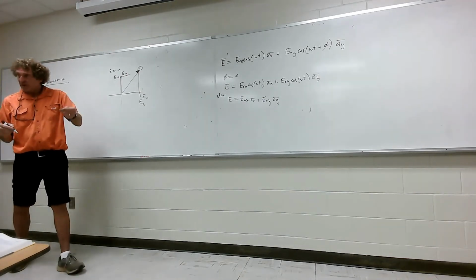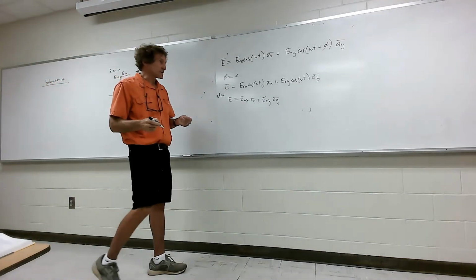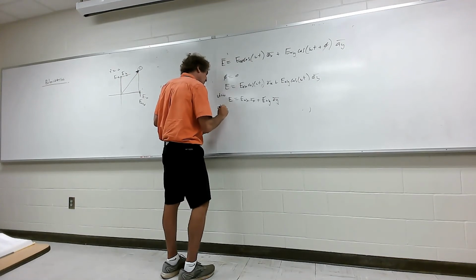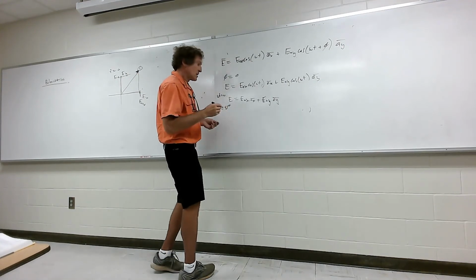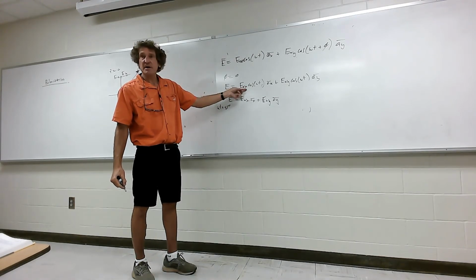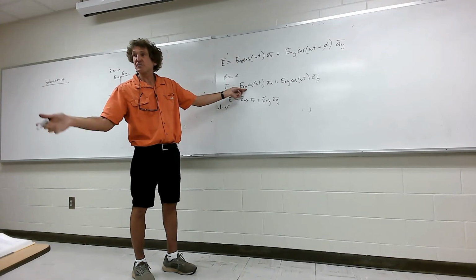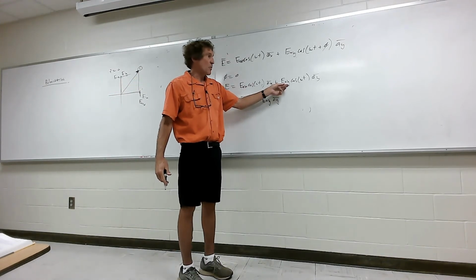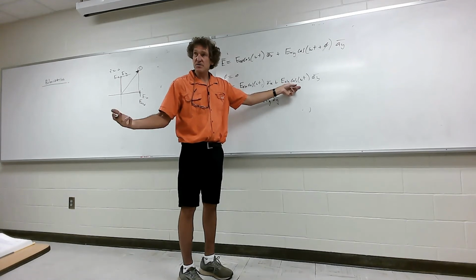All right, now let the phase angle increase. If you let omega t equal, call it, 45 degrees, well now I have cosine of 45 degrees times E0x. Cosine of 45 degrees is 1 over square root of 2. You all agree with that? Plus E0y cosine of 45, which is 1 over square root of 2.